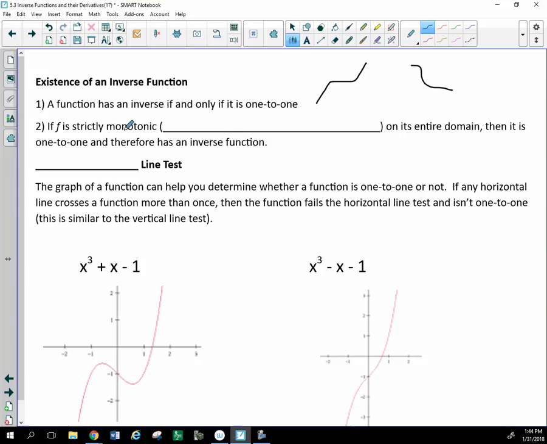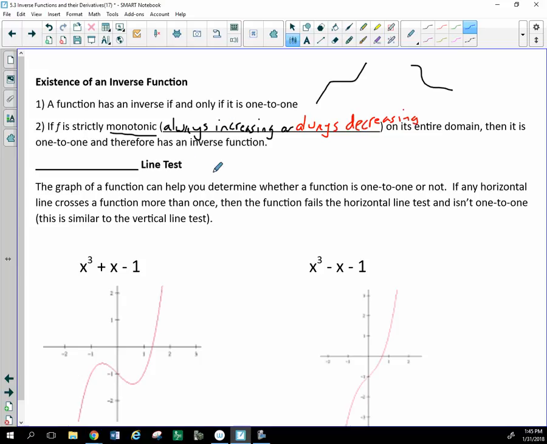So if the function is strictly monotonic, monotonic means always increasing or always decreasing. Both of these functions that I drew up here are monotonic, and then we would just talk about whether or not they were increasing or decreasing.